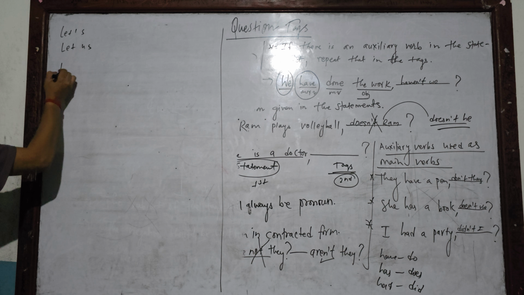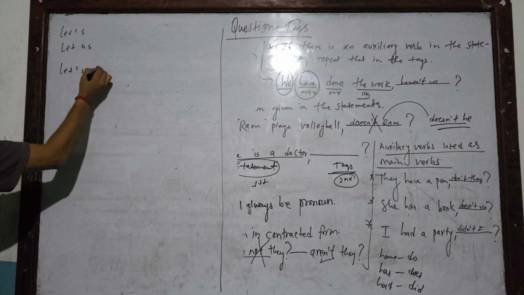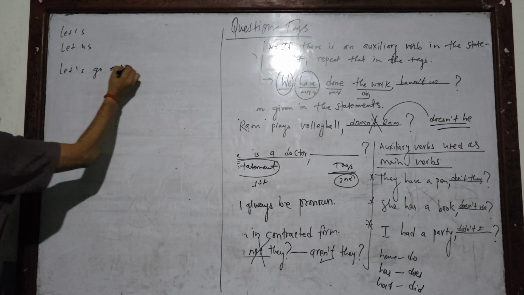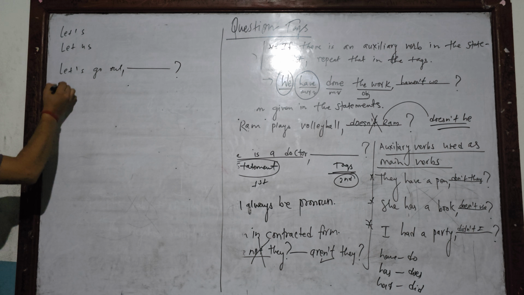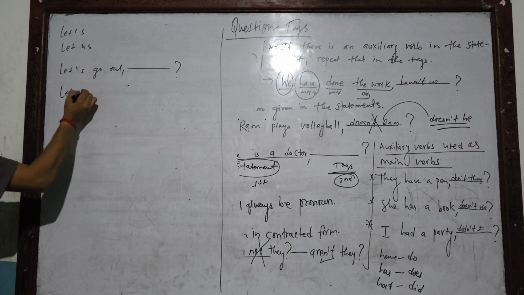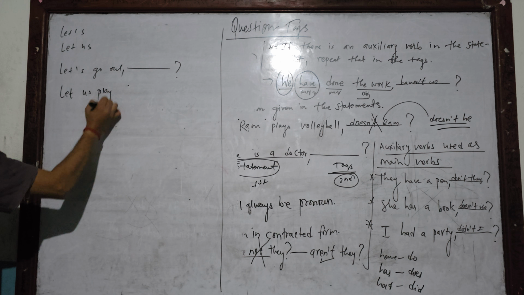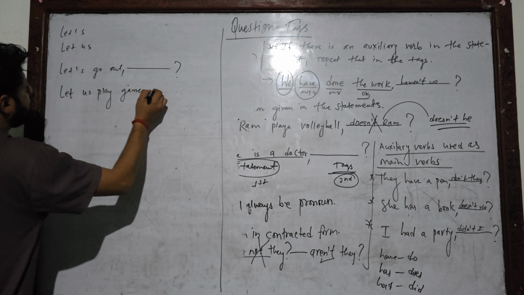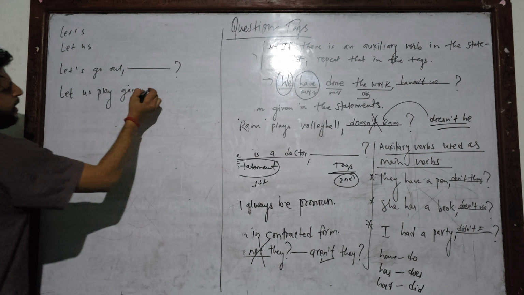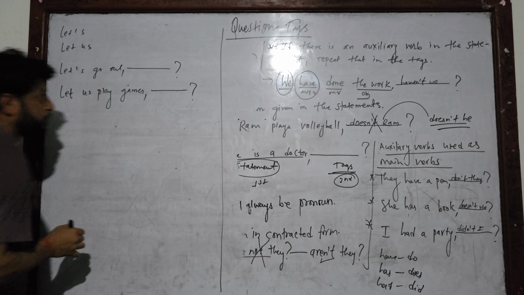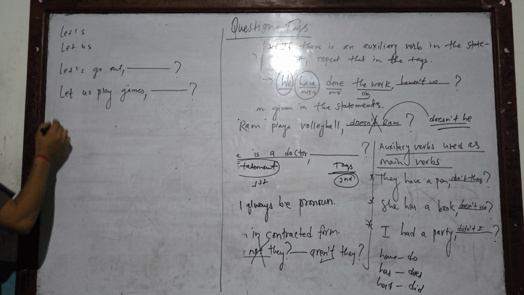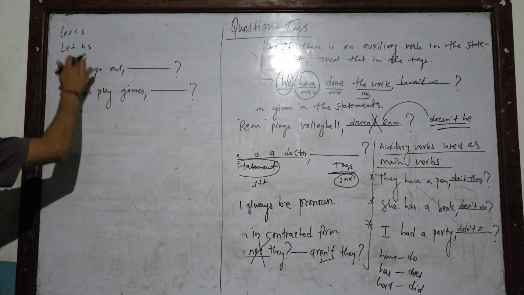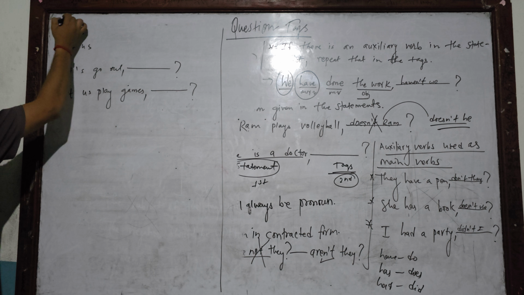So you see here, let's go out. We write, let us play games. Let us play games. Another one: not only let's and let us, there is another one that we call let.